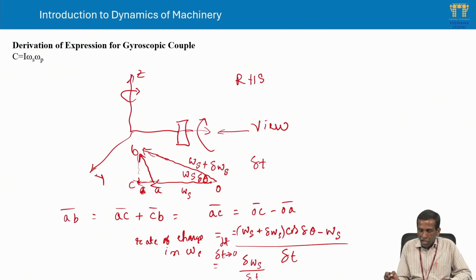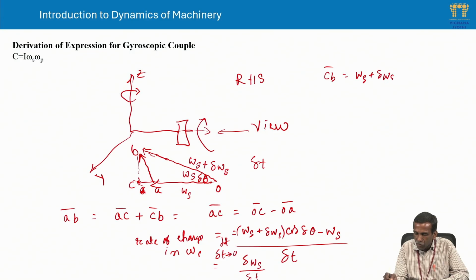Now coming to the other component, CB. What does CB represent? CB is omega s plus delta omega s times sine delta theta.